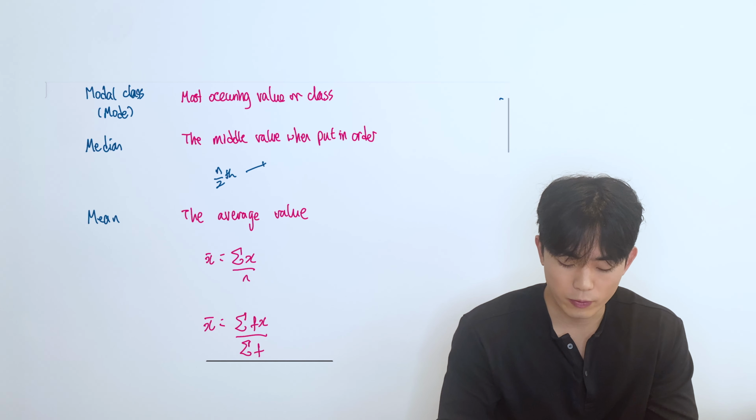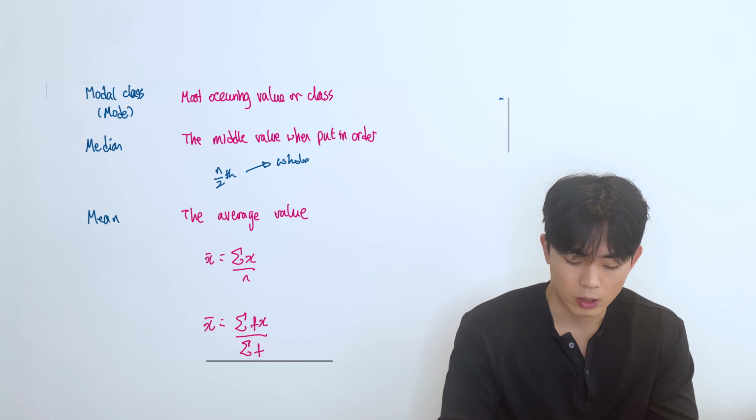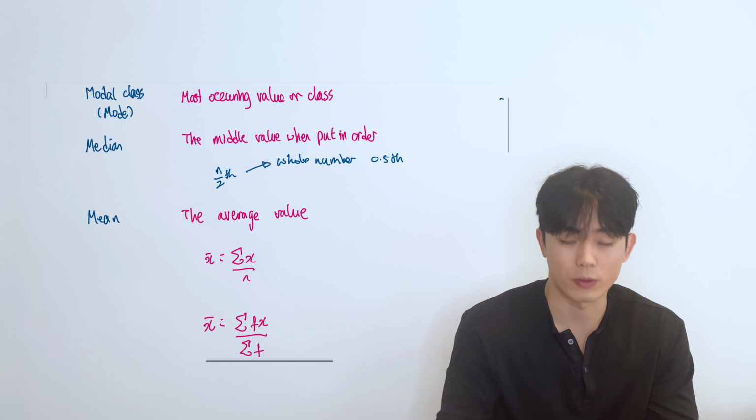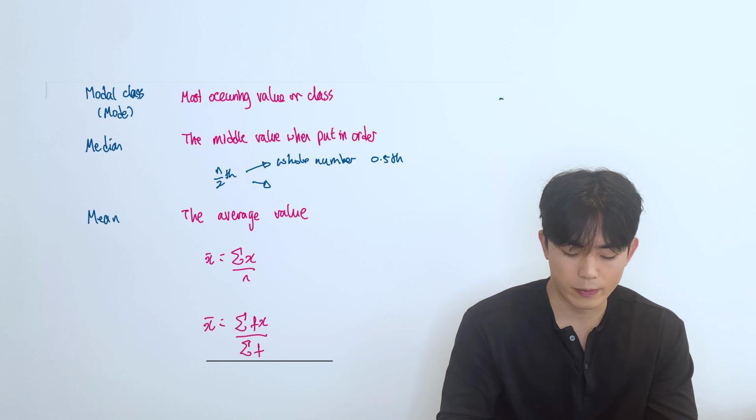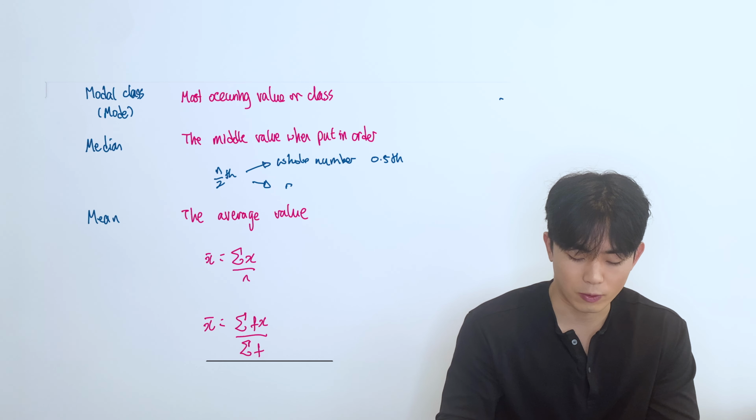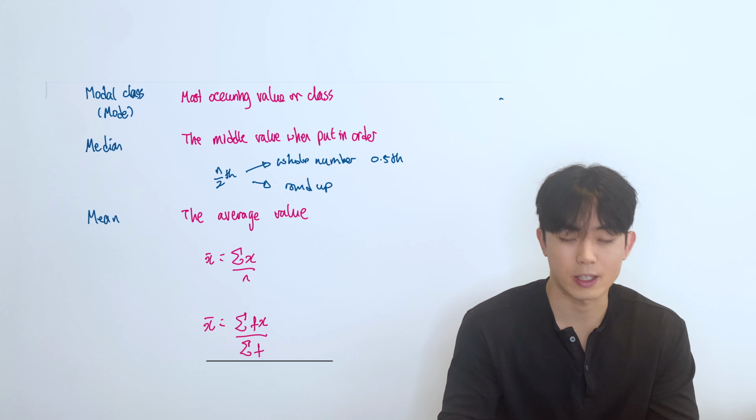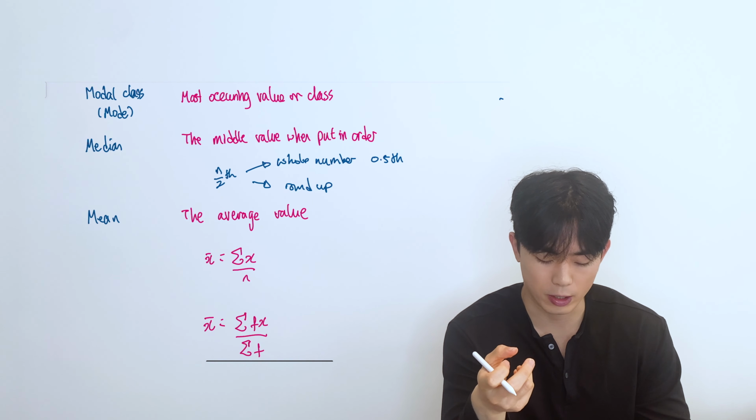If this n over 2 value is a whole number, then we have to round up by 0.5. If it's anything other than a whole number, then we always have to round up. That's the key thing to remember when finding the median value.